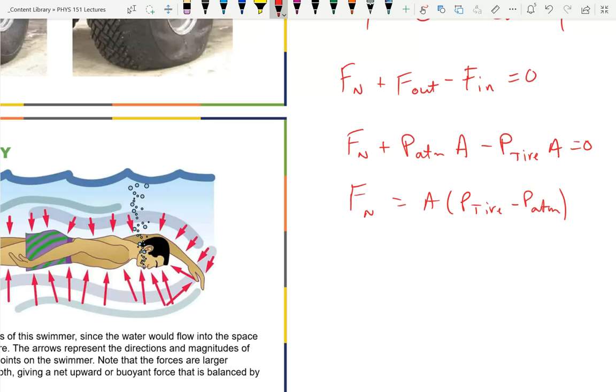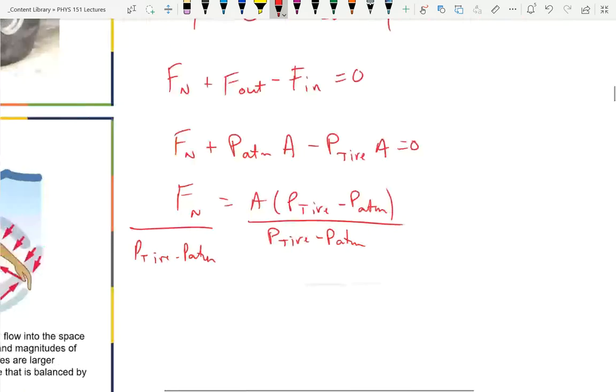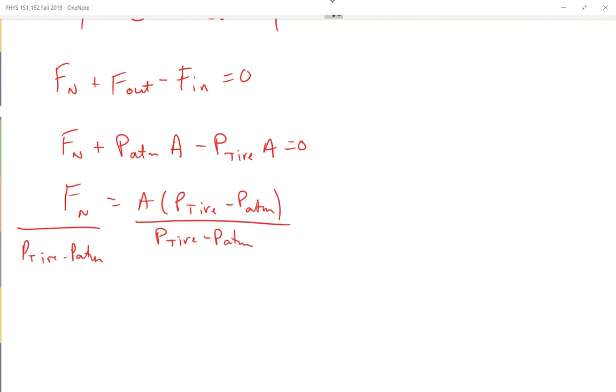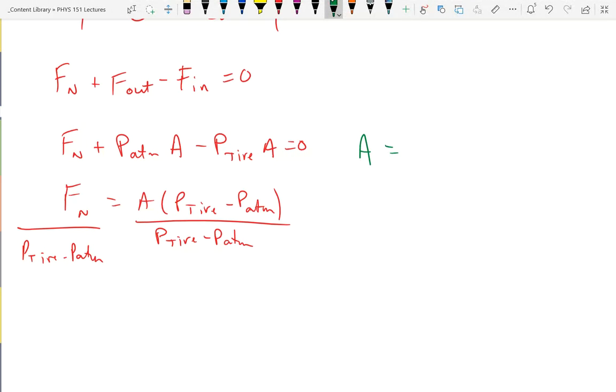And divide by the pressure difference. So we have an equation. The area in contact is equal to the force normal for that tire divided by pressure tire minus pressure atmosphere. The pressure tire minus pressure atmosphere, what do we call that kind of measurement?